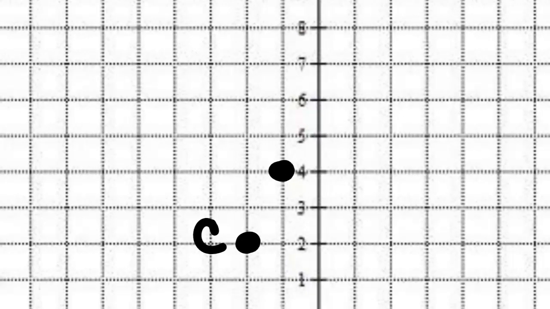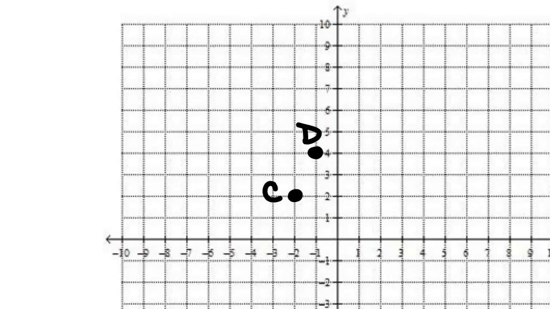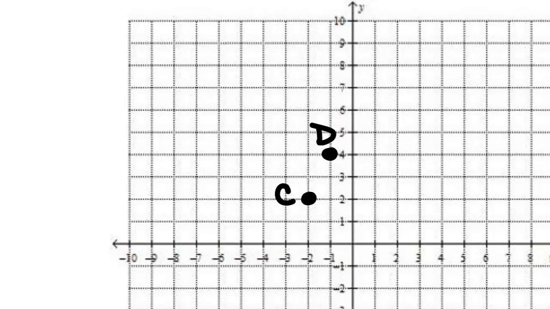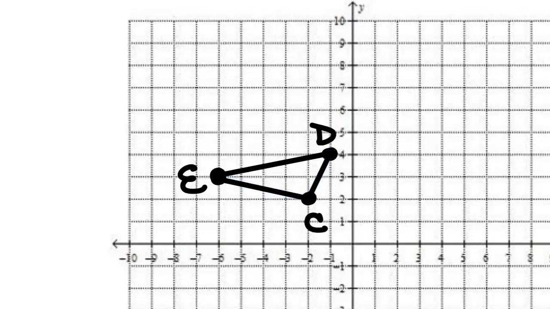And I have point E, which is negative 6, 3. I need to move my label for C. There we go. Now I'm going to connect these together. There's my original triangle.